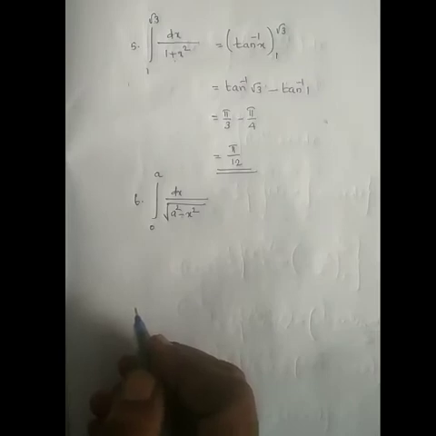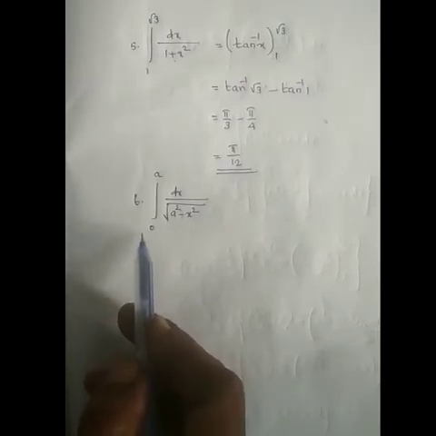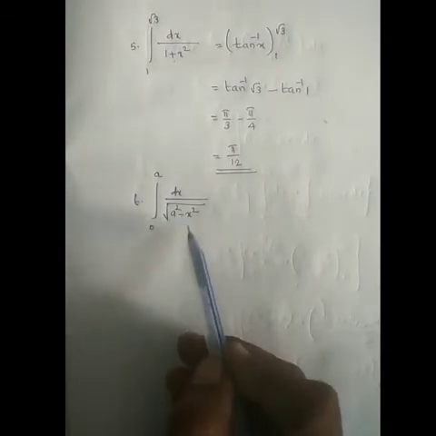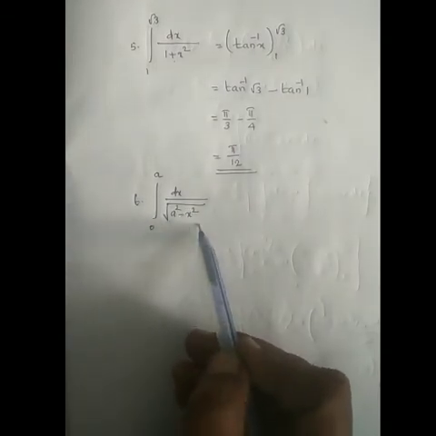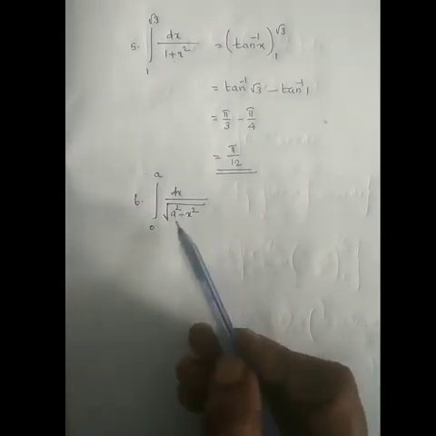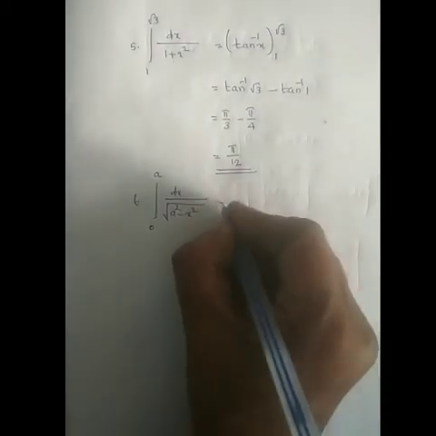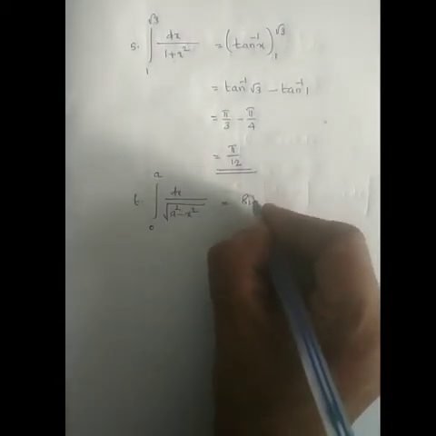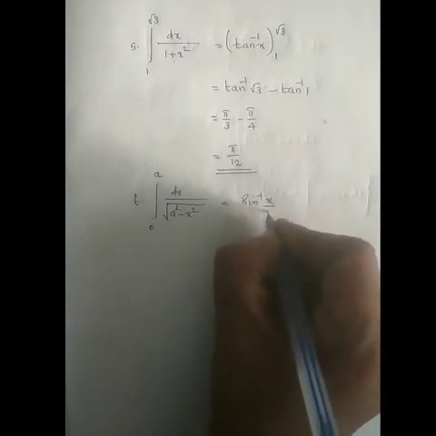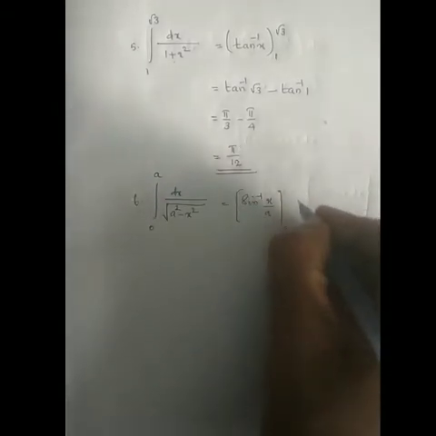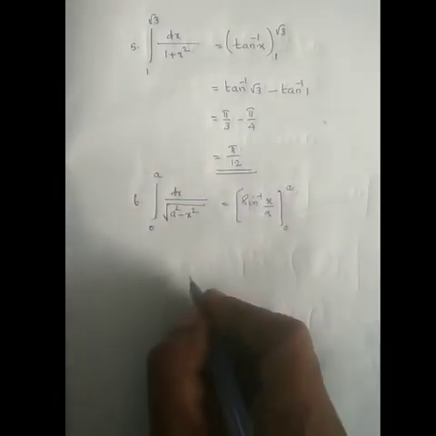Okay, next one, integral 0 to a dx divided by root of a square minus x square. And we know that integral of dx divided by root of a square minus x square is sin inverse x by a, within the limit 0 to a. Then we put the limit.